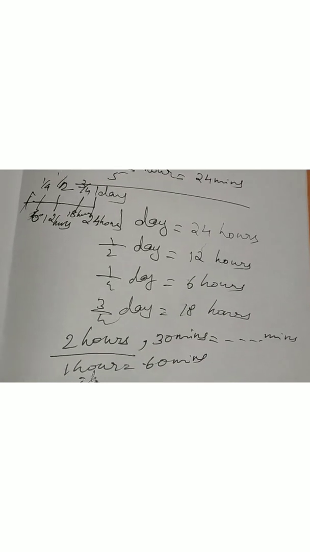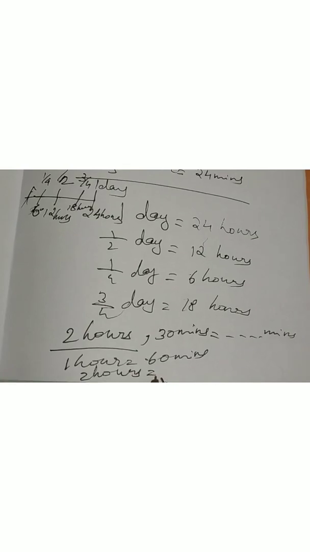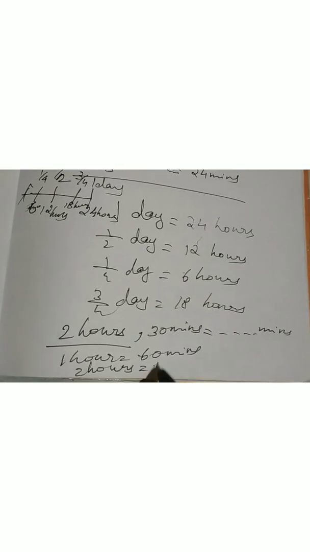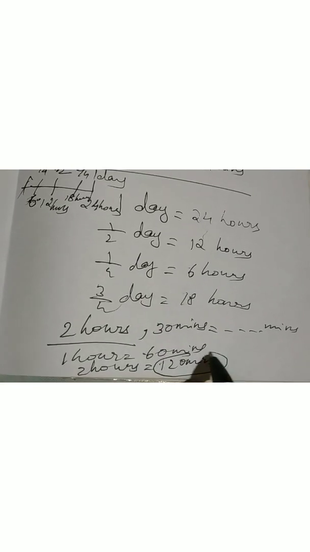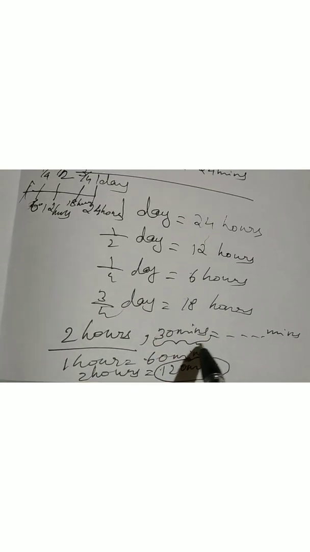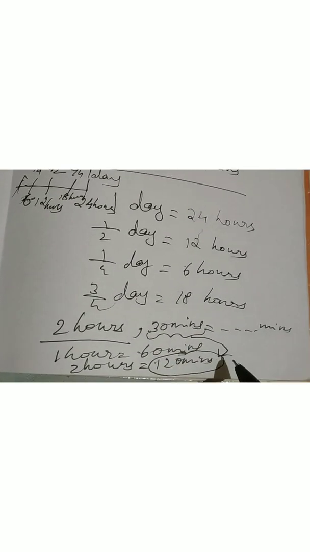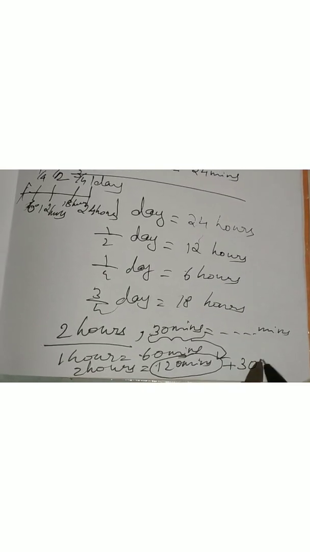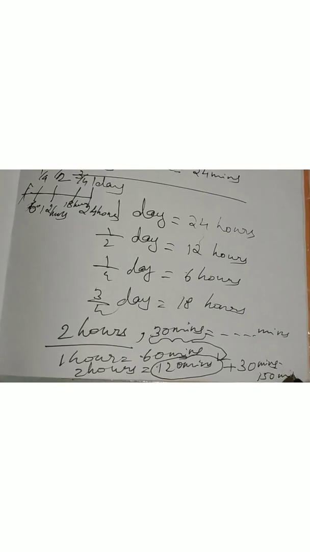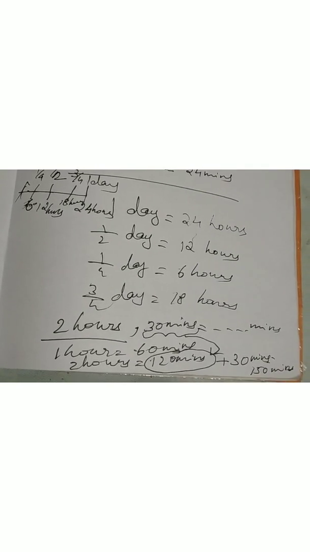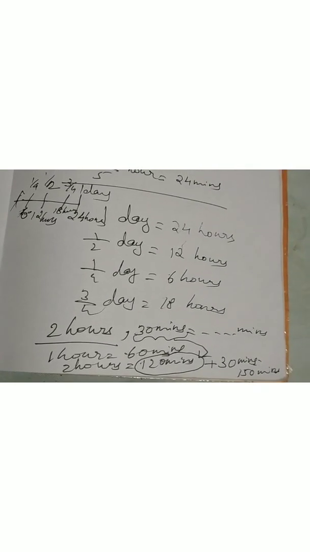So 2 hours will be 120 minutes. Then this 120 minutes and this extra 30 minutes. So 120 plus 30 will be 150 minutes. Is it clear for you? Okay.